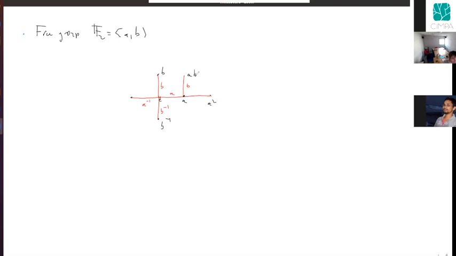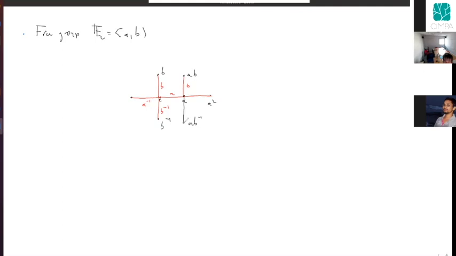And if I multiply by B inverse, then I will get AB inverse. Okay, so here I get AB.